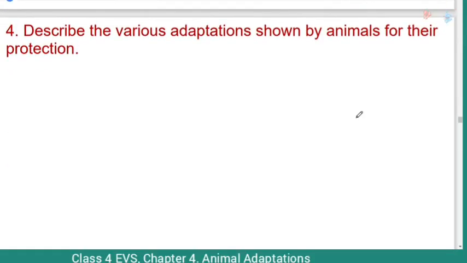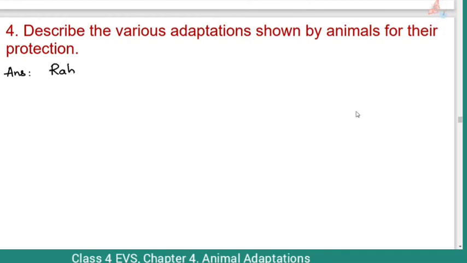Fourth question. Describe the various adaptations shown by animals for their protection.